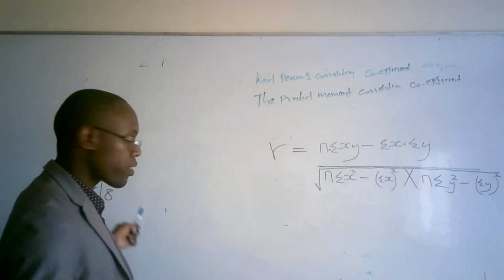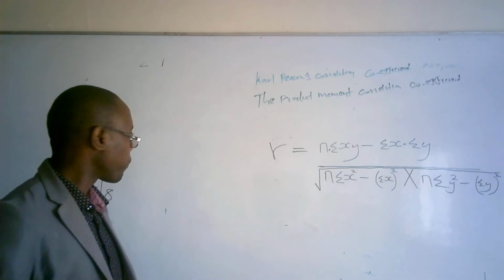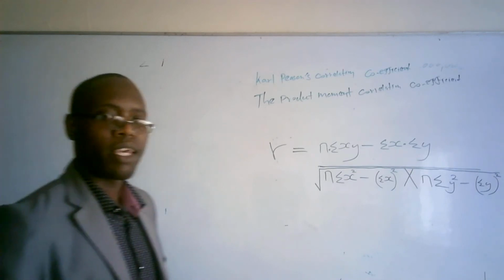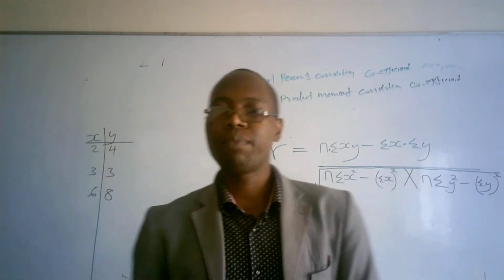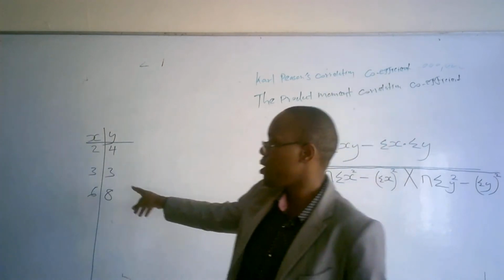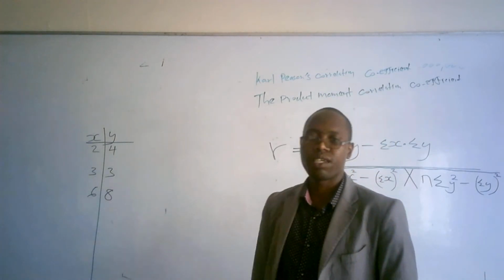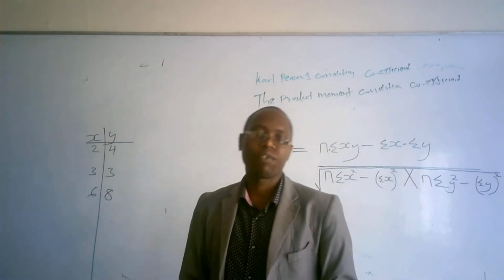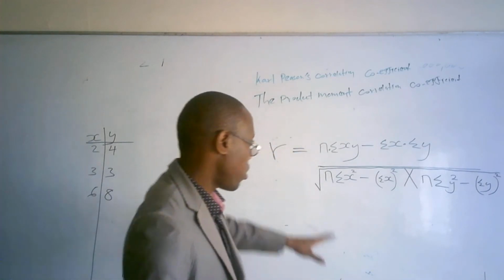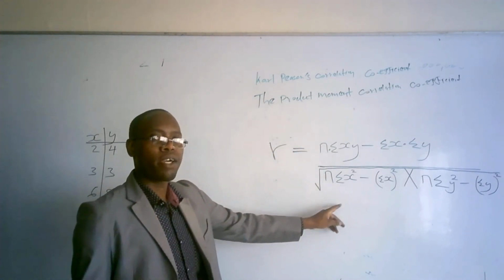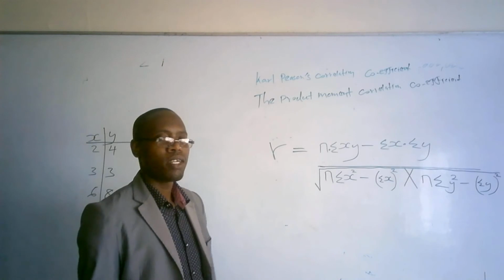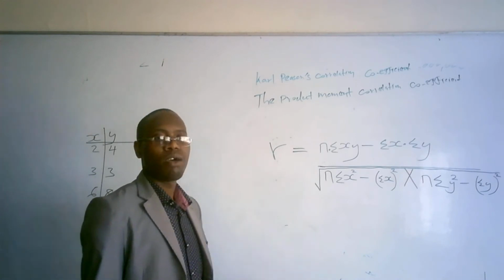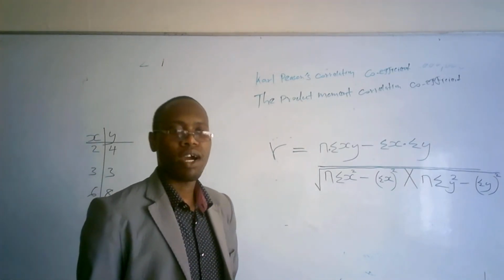So you have x, and then you have y there. And then they ask you to calculate the Pearson correlation coefficient. And the Pearson correlation coefficient, we have said that we are going to apply this particular formula, and it's going to be represented by that small r.